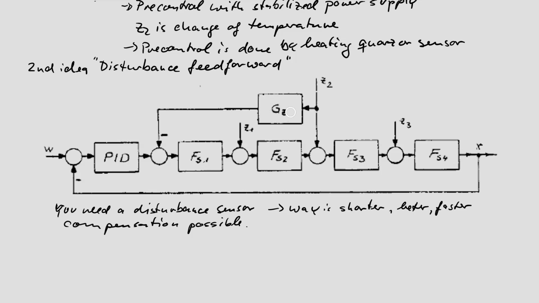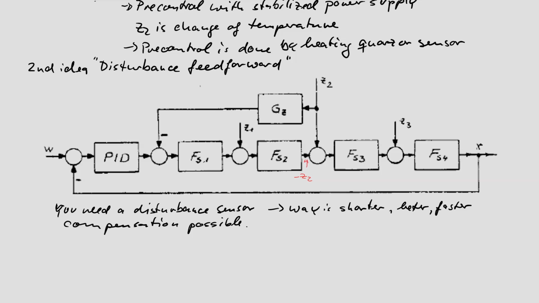Let's think about an optimal compensation filter GZ. The idea is we need to completely compensate the Z2 effect here. We need here the negative Z2 signal. If we have this there, then independent of this signal, automatically here appears the negative Z2 signal, and the result is 0.